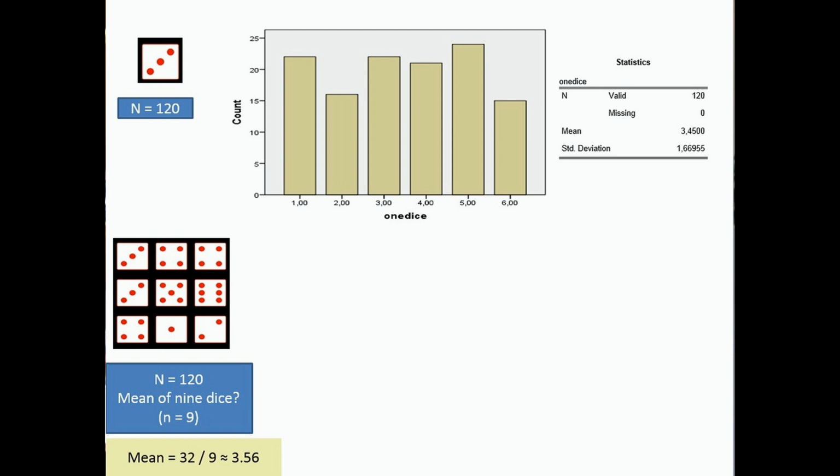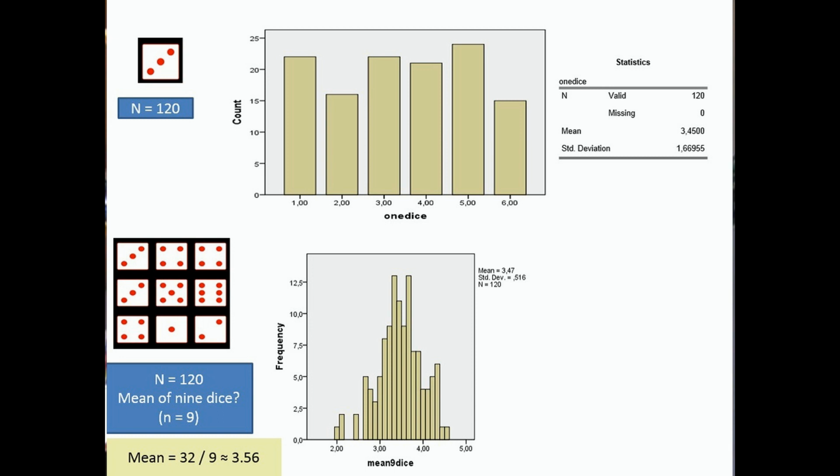But what will the total distribution look like of all those sample means? Well, here it is. We don't see any uniform distribution anymore. It tends to be a normal distribution. We don't see any 6s anymore.